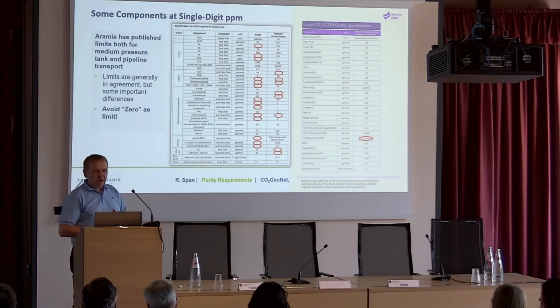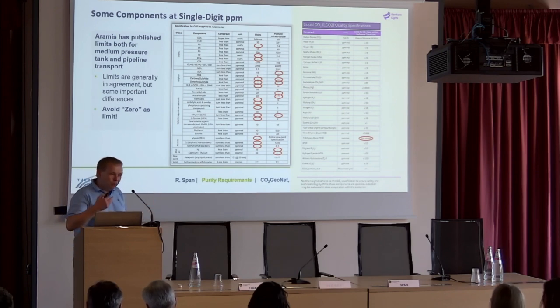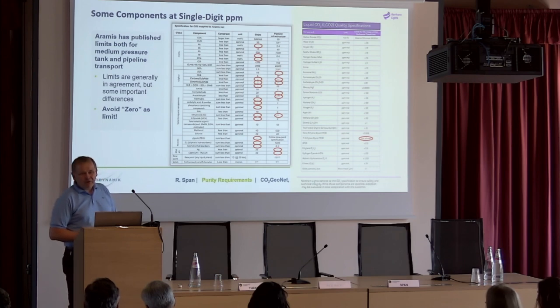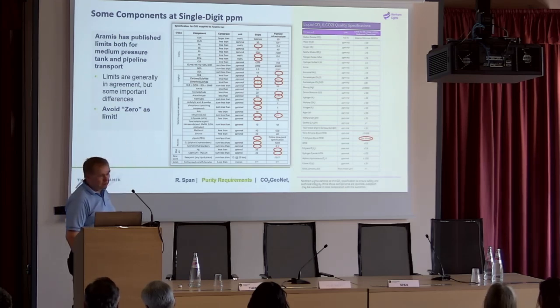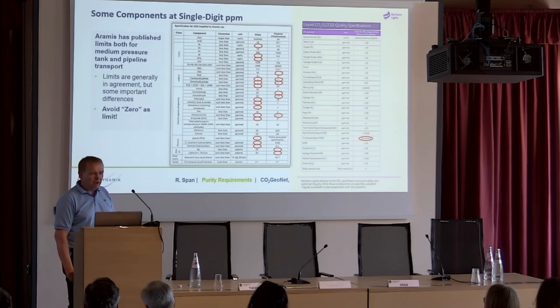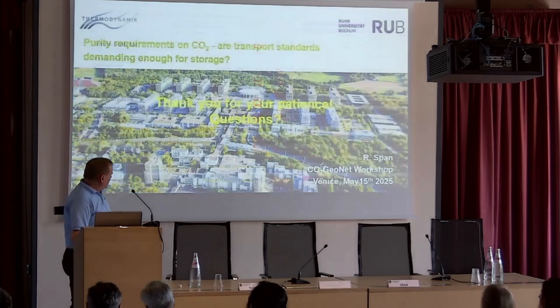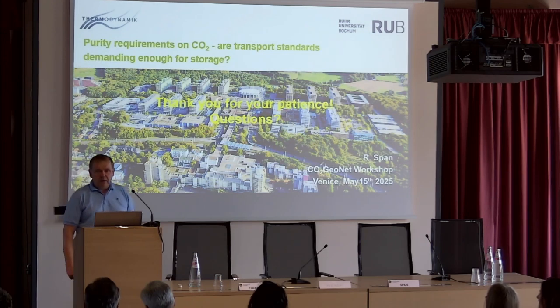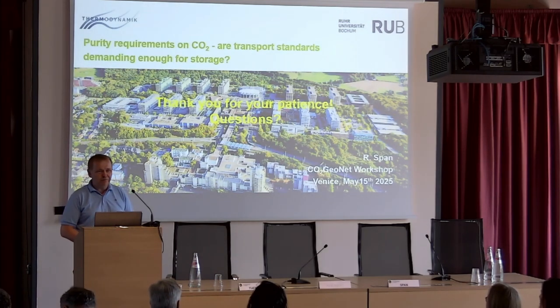And that's also my message to your community when you start thinking about allowable compositions for storage. Avoid zero. Zero is not a valid concentration. And we have to solve this for the transport community, which will take some time. Yeah, that's it. And thanks for your patience.